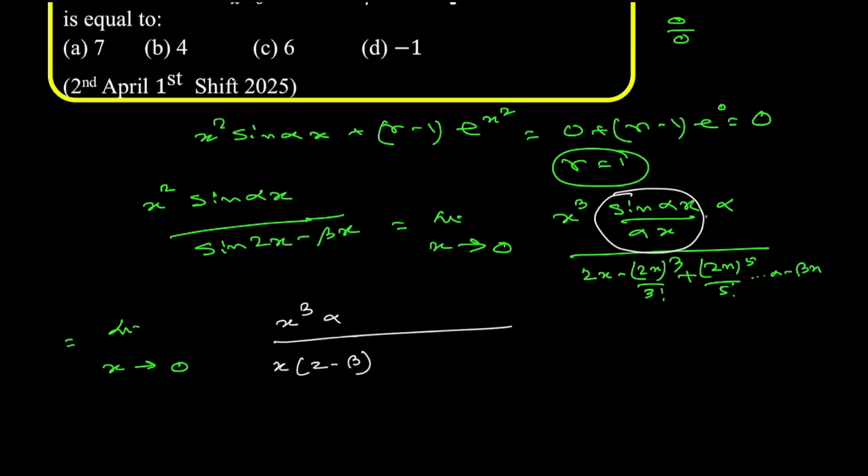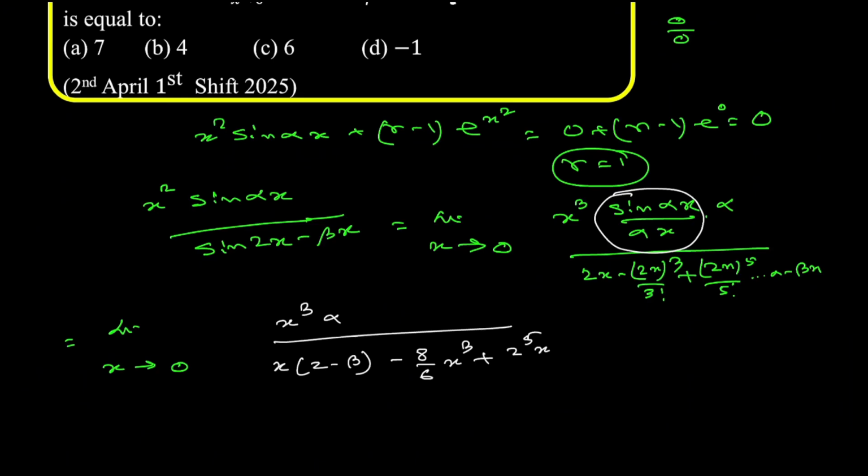There is no square power of x, so directly we go to the cubic power, minus 8 by 6 x cube plus all the higher powers, because we need only x cube in the denominator to get the finite number.